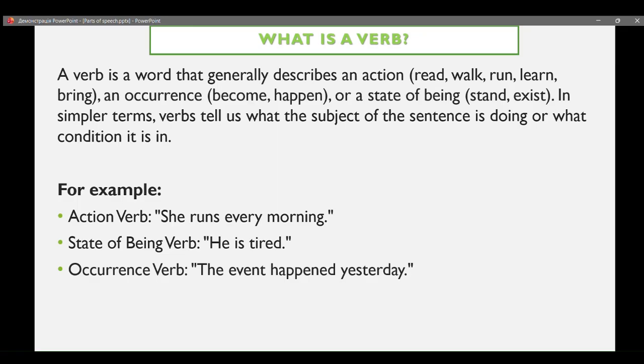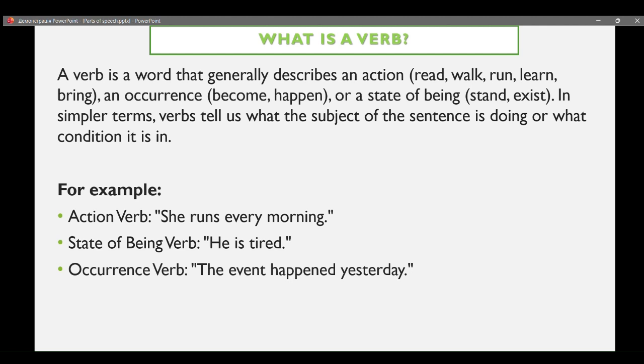What is a verb? A verb is a word that generally describes an action: read, walk, run, learn, bring; an occurrence: become, happen; or a state of being: stand, or exist. In simpler terms, verbs tell us what the subject of the sentence is doing or what condition it is in.